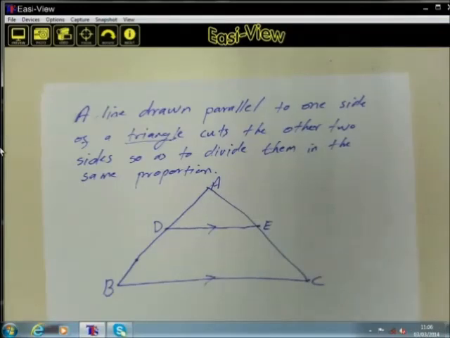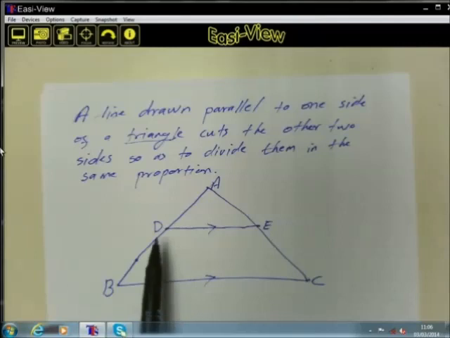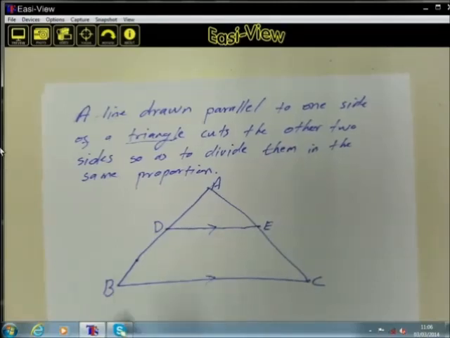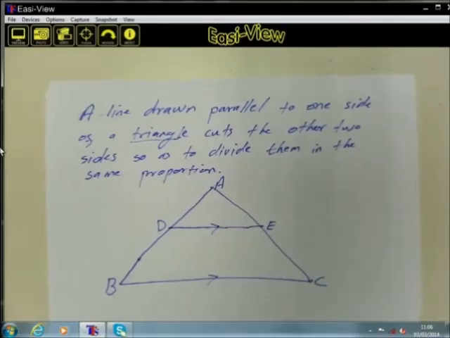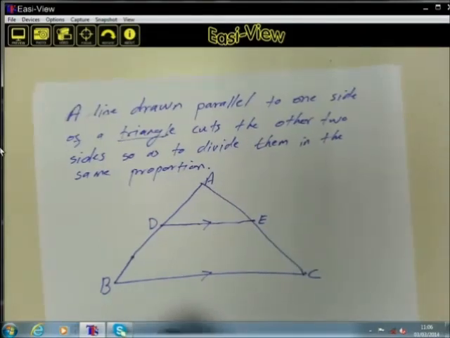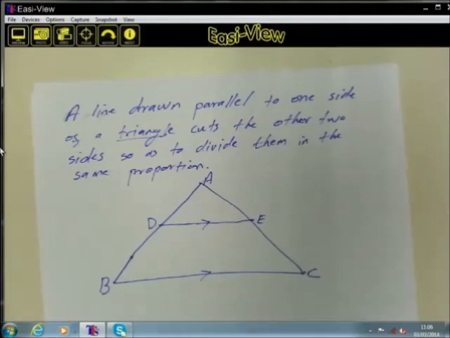So the theorem states a line drawn parallel to one side of a triangle. That line in this case will be DE, which is drawn parallel to BC. The theorem states that the line cuts the other two sides in the same proportion. It means this will then be the required to prove part. What is the required to prove part?